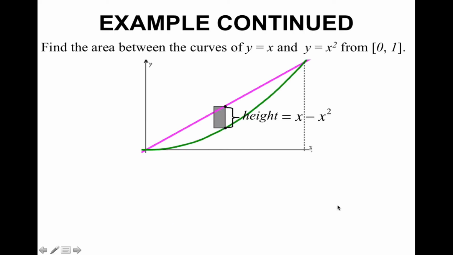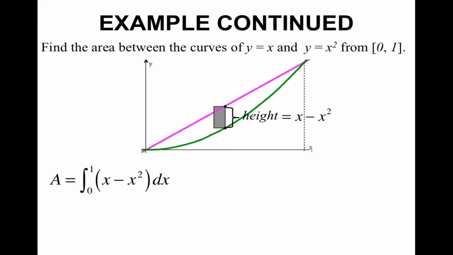So let's continue our example. So this is what we have so far. If I want to find the area of this region, that means I'm going to integrate between the two intersection points that these two curves make. So that would be 0 and 1, which also happens to be the interval I was given. So I want to integrate this height, x minus x squared, from 0 to 1.